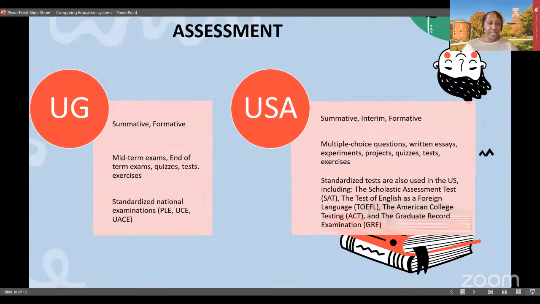Assessments in Uganda are mostly summative and formative. And here, the summative is that assessment at the end of the course. So at the end of the semester, you will have a general exam that is evaluating mastery of content.